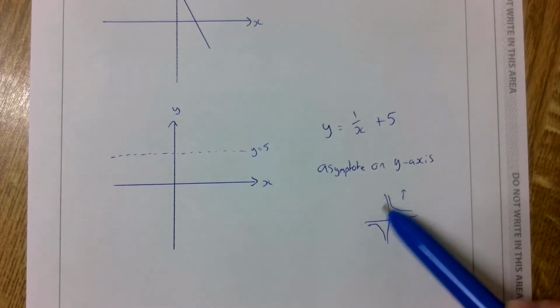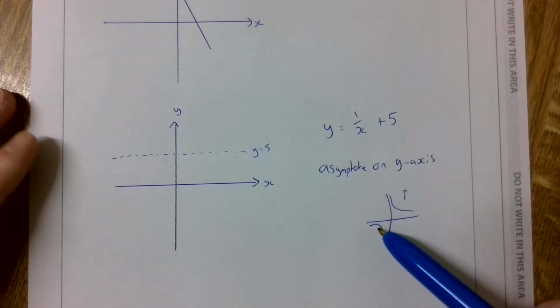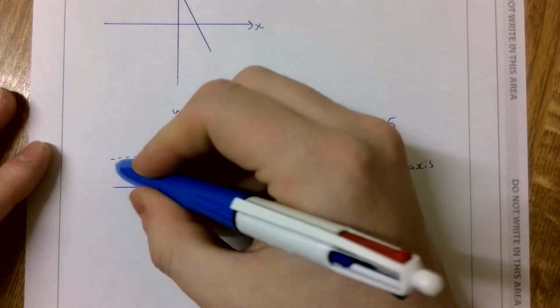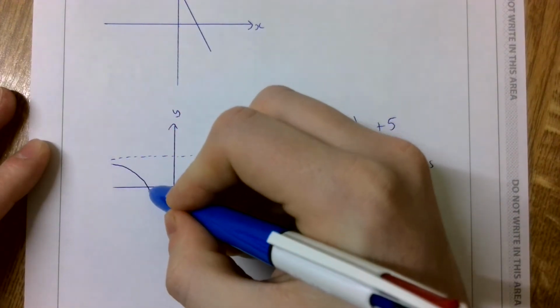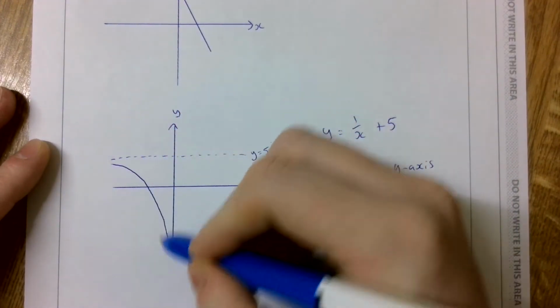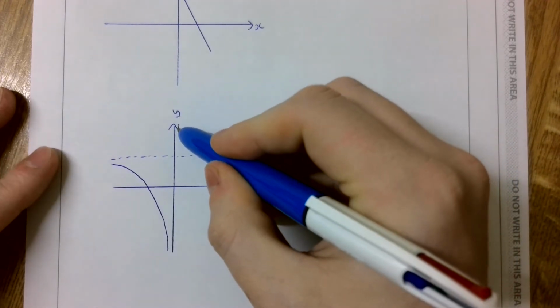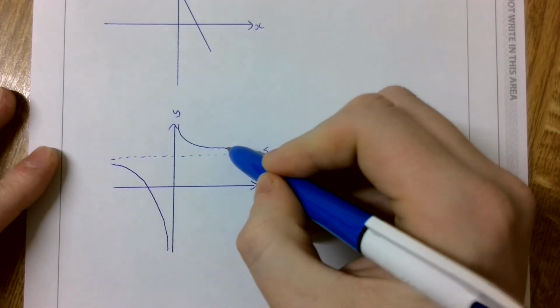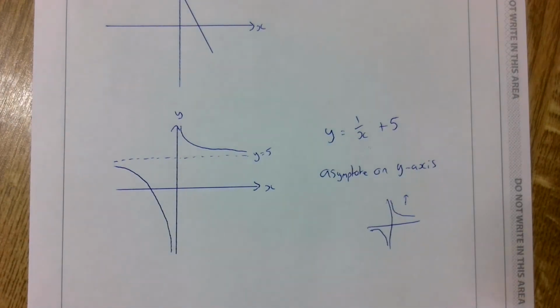And then I'm just going to redraw this, hopefully a little bit nicer, but we've got an asymptote here as well, so it should go like this. And it should go like this. Okay, so there's my graph. Not a work of art by any means, but there we go.